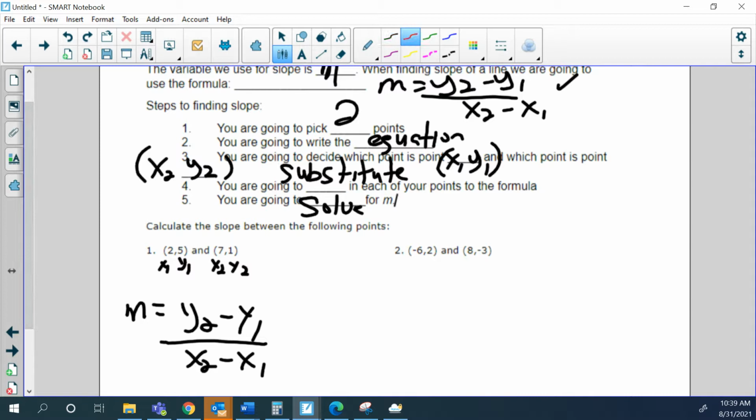My y2 is 1 minus my y1 is 5, over my x2 is 7 minus my x1 is 2. So 1 minus 5 gives me -4 over 7 minus 2, which is 5. So my slope is -4 over 5. Hopefully I didn't make a mistake on these.